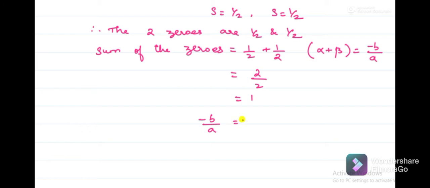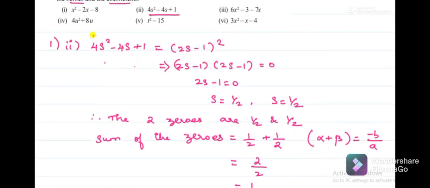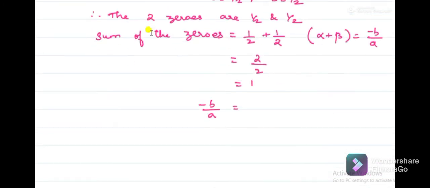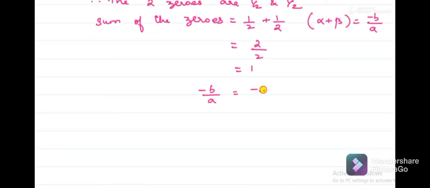The a, b, c values can be obtained from the given equation 4s squared minus 4s plus 1. A takes the value 4, b takes the value minus 4 and c is positive 1. Minus b by a is minus of minus 4 by 4, which is positive 1. So, alpha plus beta is equal to minus b by a.